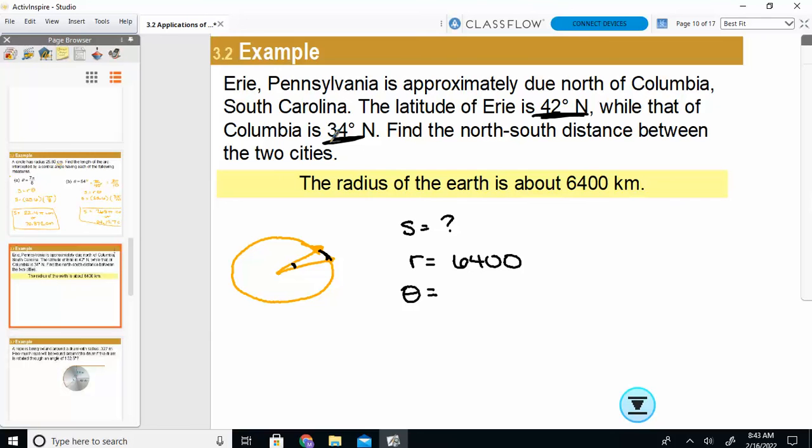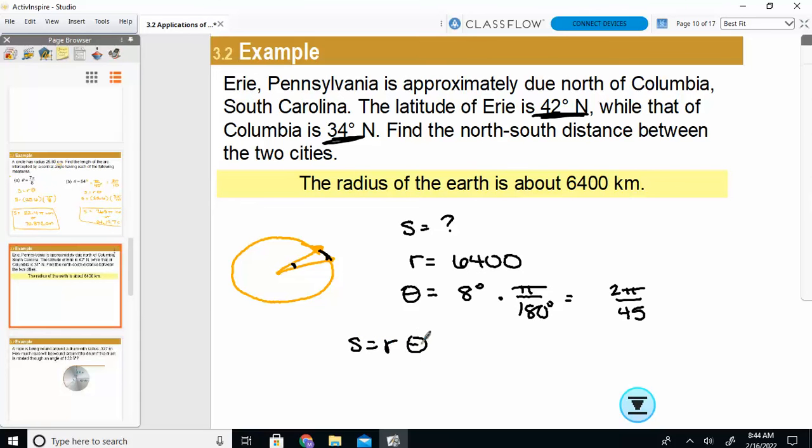So what should you do with those? Subtract. So 42 minus 34 is 8 degrees, but can I use that? What would we have to do to it? Times pi over 180. So 8 over 180 reduces to what? 2 over 45. So we have 2 pi over 45.